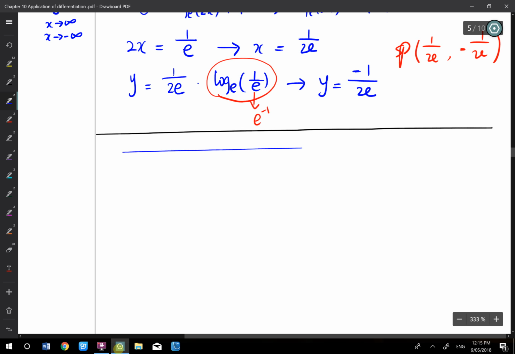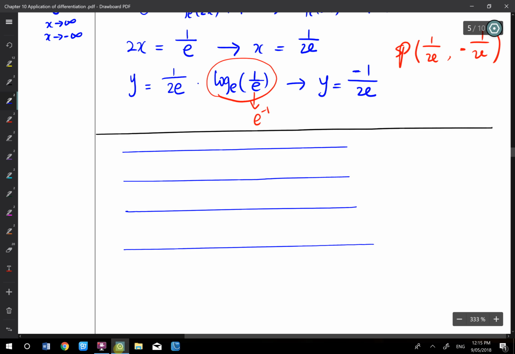Now we will work on the sign diagram. We have x, we have dy/dx, and we have the graph.